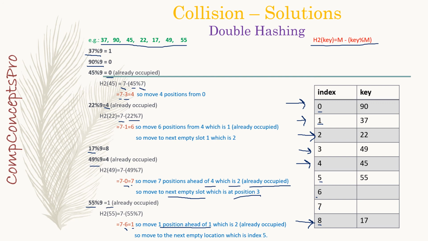So we will move one position ahead of index position 1, which is 2, which is also already occupied. So we will move to the next available slot. So directly we will reach index position 5 because all other slots in between are occupied. So at index position 5 we can store our key 55.